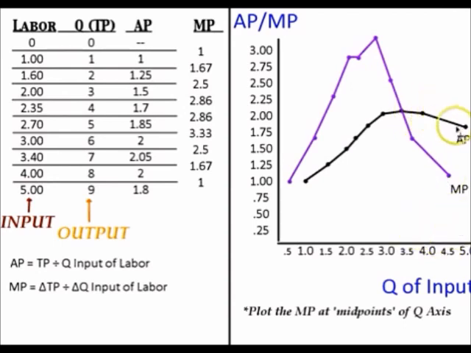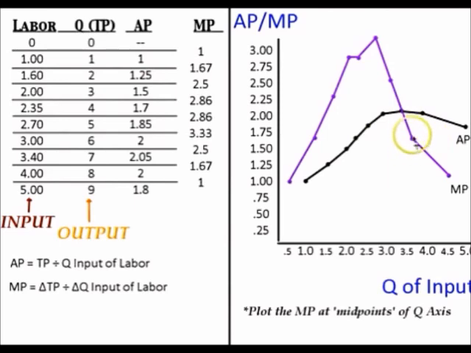Think about your grades. If your grade point average, say, is a 3.0, any individual class, which would be a marginal, in which you get a grade lower than 3.0 is going to pull your average down. That's what we see here to the right.